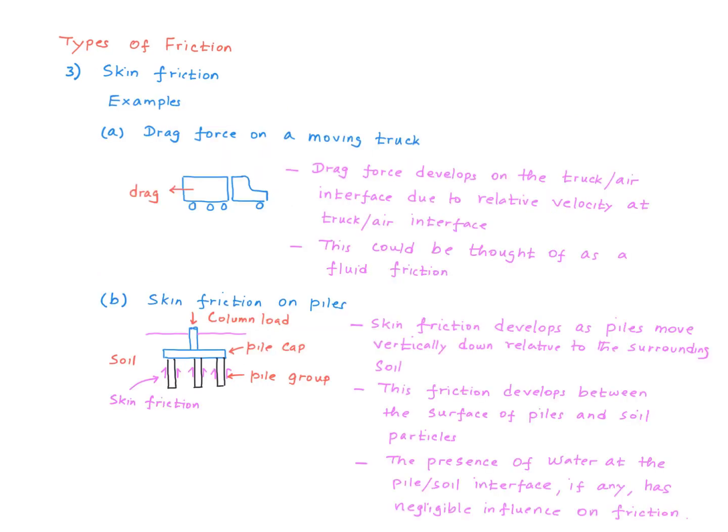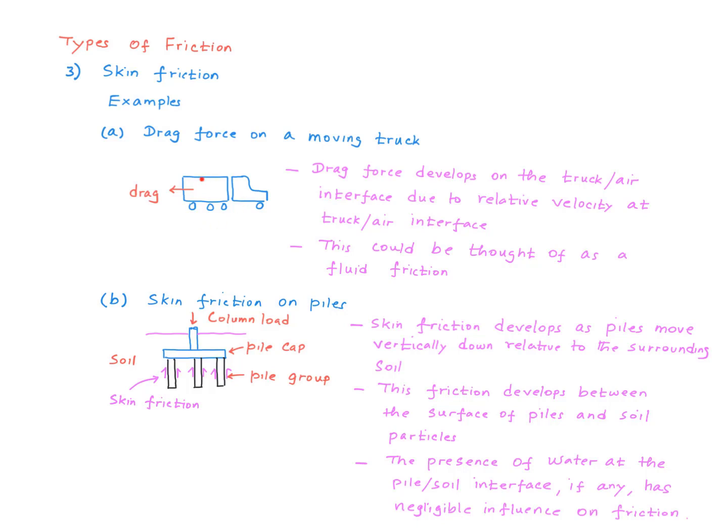The third type of friction is what is called the skin friction. This idea of skin friction is basically a problem-oriented classification. The skin friction develops on the surface of a solid body either because of a relative motion between the solid body and a fluid surrounding the solid body, like in this first case, or between this body and another solid material that surrounds that body, like in the second case.